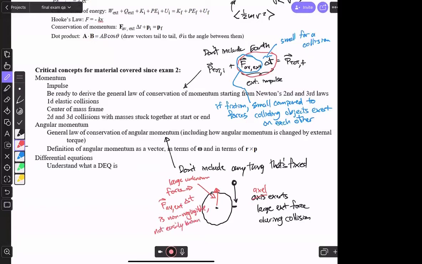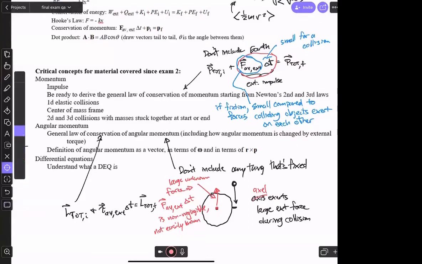On the other hand, because that force is being exerted right at the axis around which we're considering rotation, it exerts no torque. And so the general law of the conservation of momentum would be L total initial, plus average external torque times delta t, equals L total final.